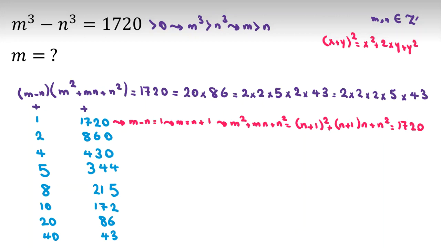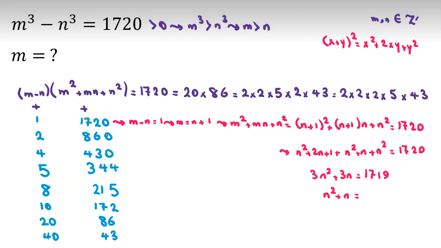So n plus 1 squared is n squared plus 2n plus 1, plus n squared plus n, plus n squared. Altogether, 3n squared plus 3n plus 1 equals 1720, so 3n squared plus 3n equals 1719.